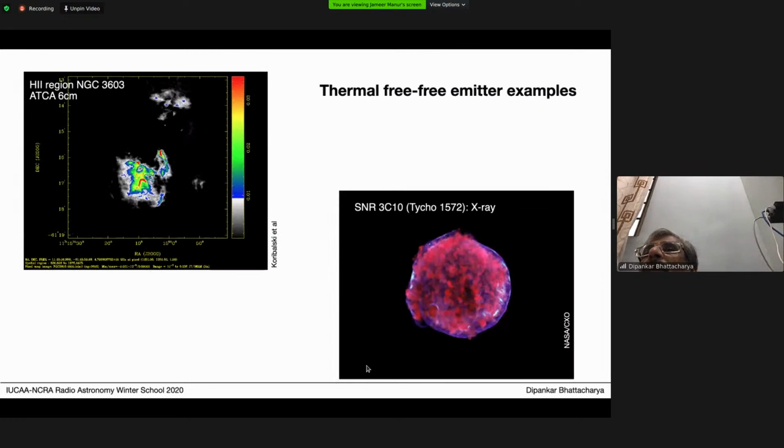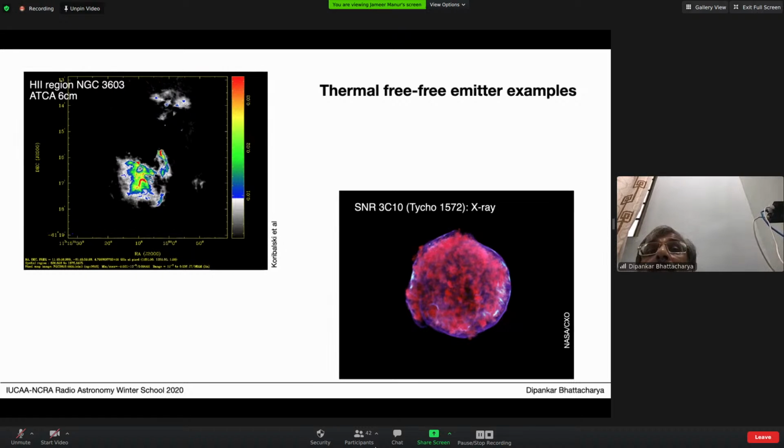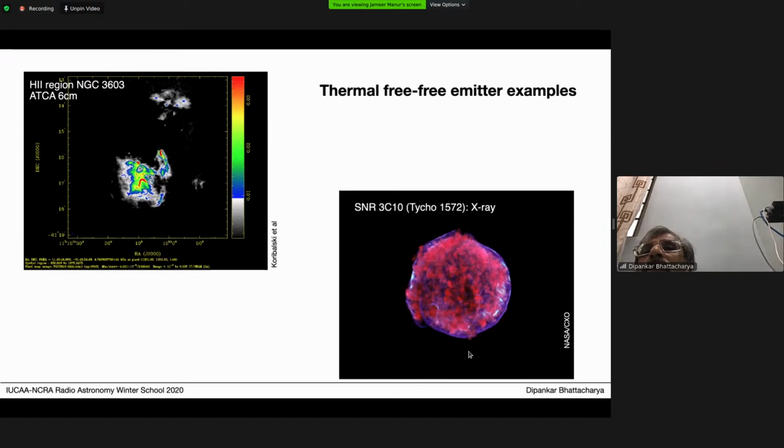Here are some examples of copious thermal free emitters. The ionized hydrogen regions, where there is a hot star ionizing the interstellar gas around it, are a common source of free emission. Particularly at radio wavelengths, they can be quite bright.